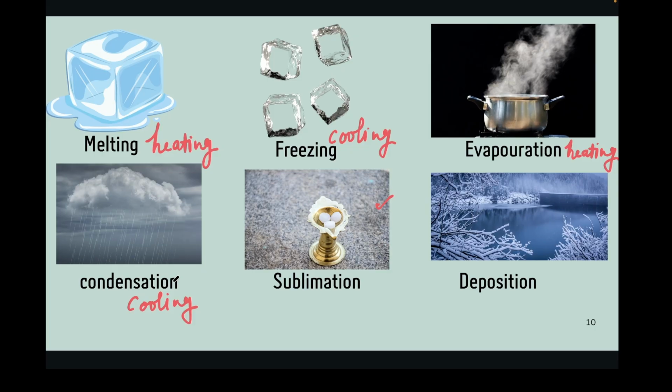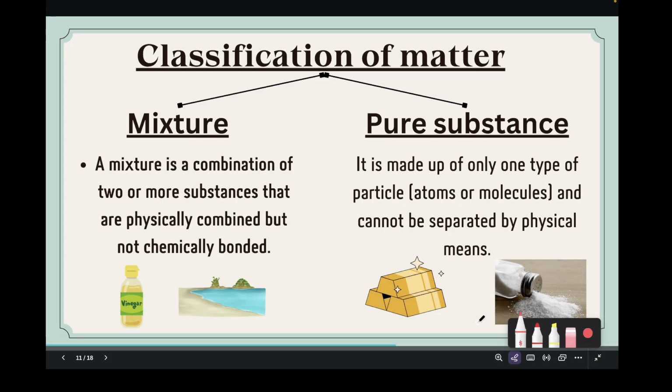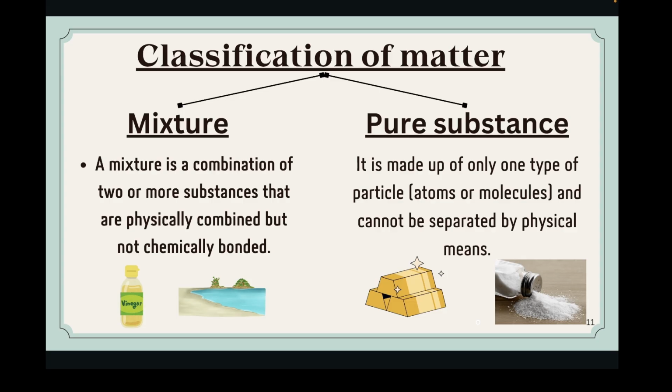Water vapor in the air changes directly into ice crystals on cold surfaces like grass, windows, especially on chilly mornings. Deposition happens when a gas loses a lot of heat quickly, so the particles do not have time to become a liquid. That is frost formation.